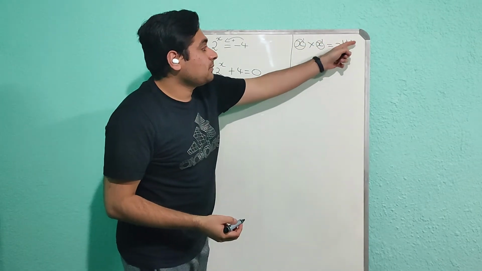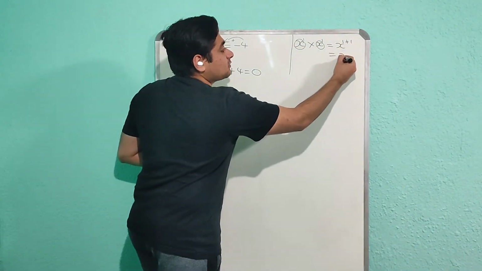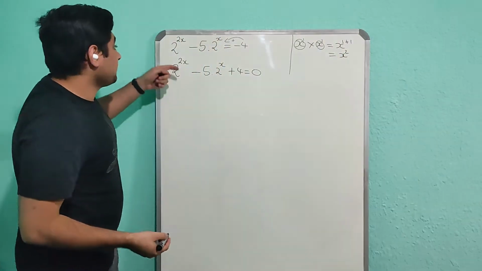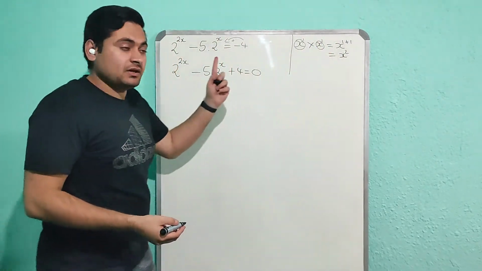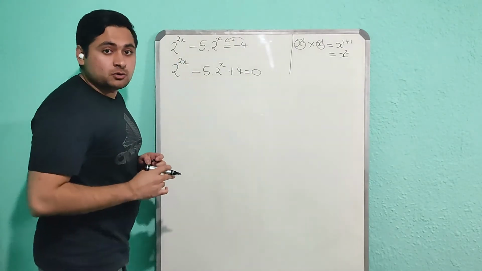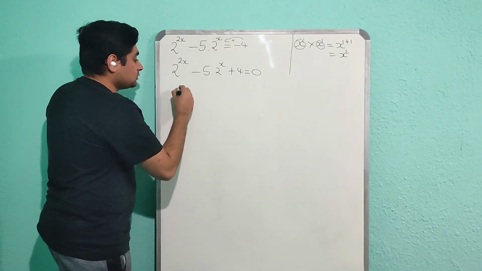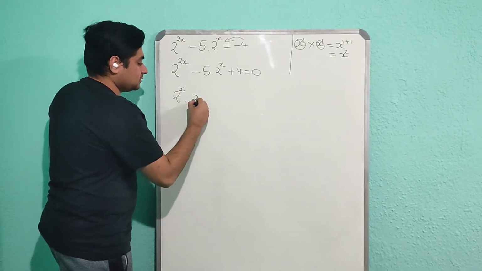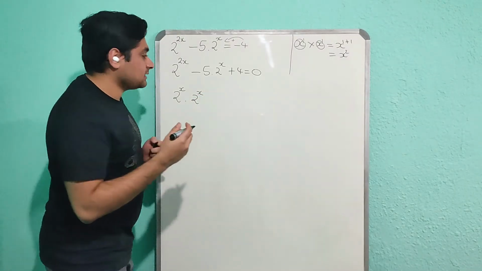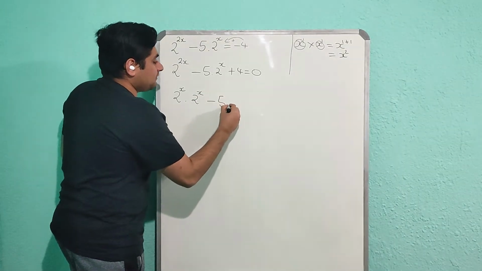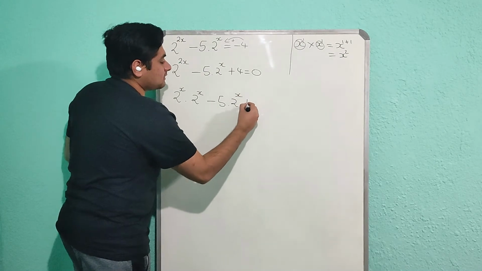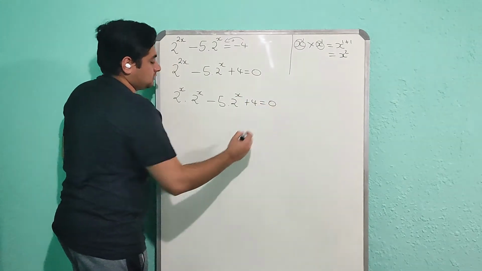So we have x to the power 1 plus 1, which gives us x to the power 2. This is what happened here. So we're going to work in reverse, right? So 2 to the power 2x will be broken into 2 to the power x times 2 to the power x, correct? Then minus 5 times 2 to the power x plus 4 is equal to 0.